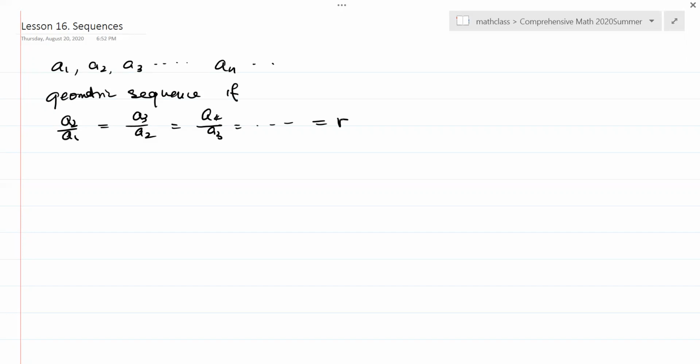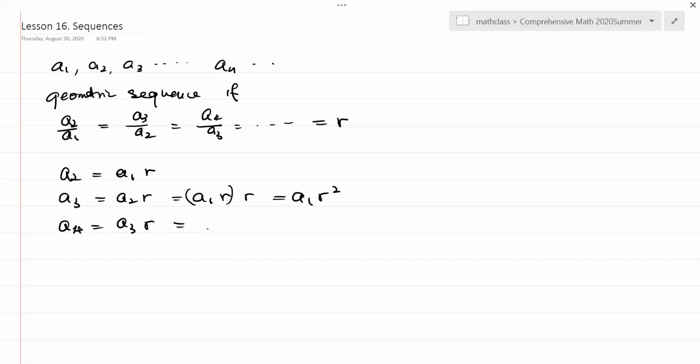That means A2 can be written as A1 times R. A3 can be written as A2 times R, but A2 is already A1 times R, so it's A1 R squared. Similarly, A4 is going to be A3 times R. What is A3? A3 is A1 R squared, times R, so when you multiply this out, it's A1 R cubed.